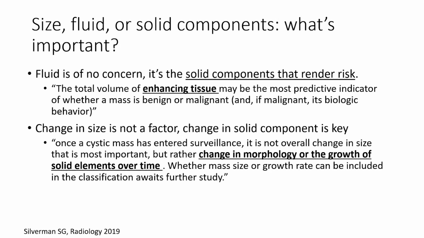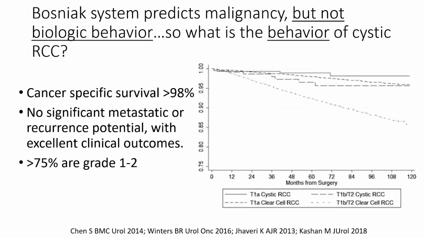Okay, and so this is a graph that shows basically cystic. The solid is a T1A cystic RCC. You see it does great. It does as well as a T1A small renal mass, and a larger cystic RCC does almost just as well as that too.